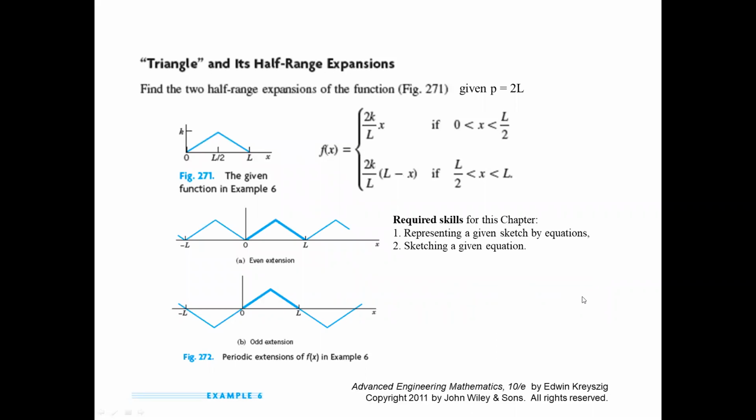Also, if f is a special type of function called a half-range function, it can simplify our effort in getting the Fourier coefficients. If we have a sketch like this, we can write this function in this form.